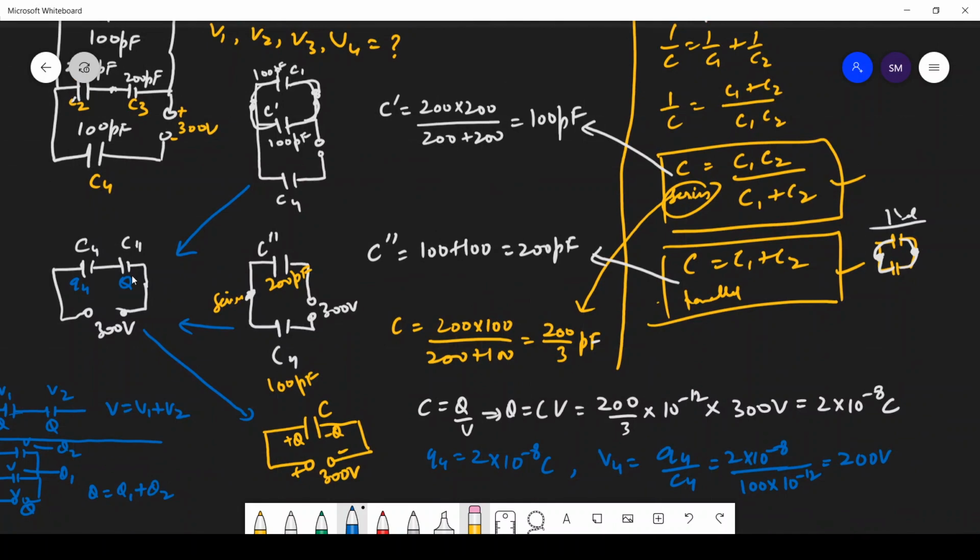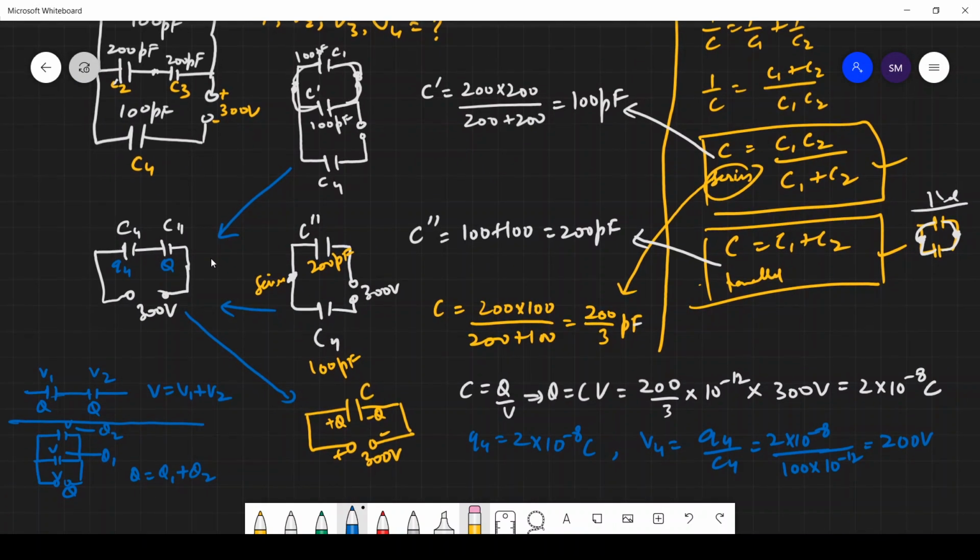We know that for this C double dash the charge is Q, and what will be the voltage? If I have 200 volt over here, in series the voltage is divided, so if the total is 300, what will be the voltage here? 100 volt. So 100 volt is there with C double dash, 200 volt has gone with C4. Now 100 is remaining.